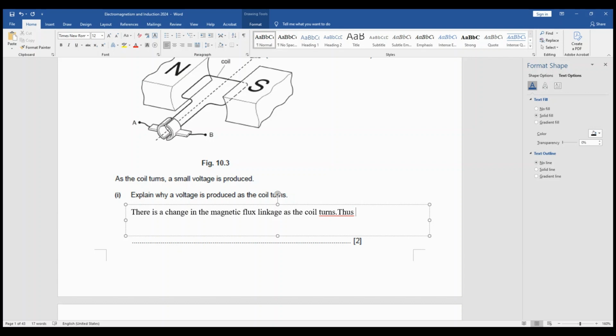Thus, according to Faraday's law of electromagnetic induction, an EMF is induced.